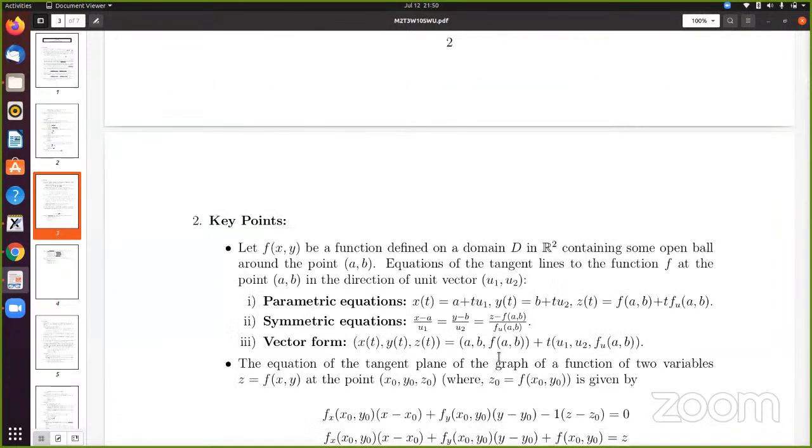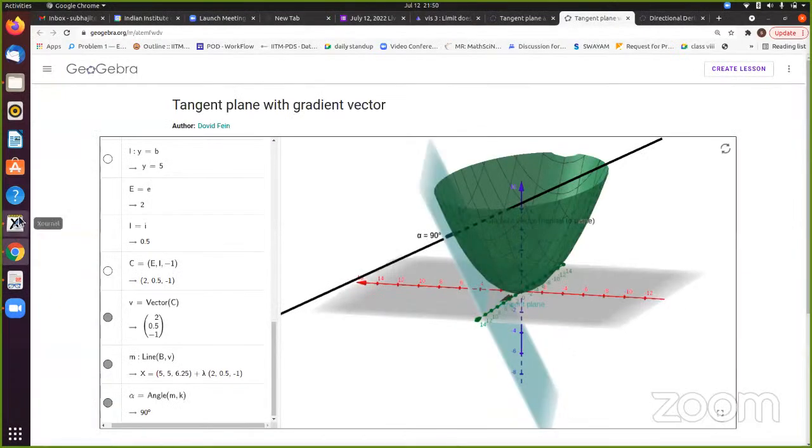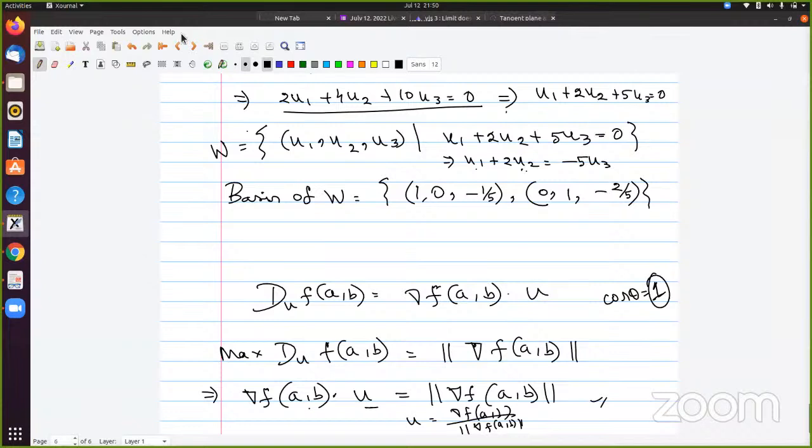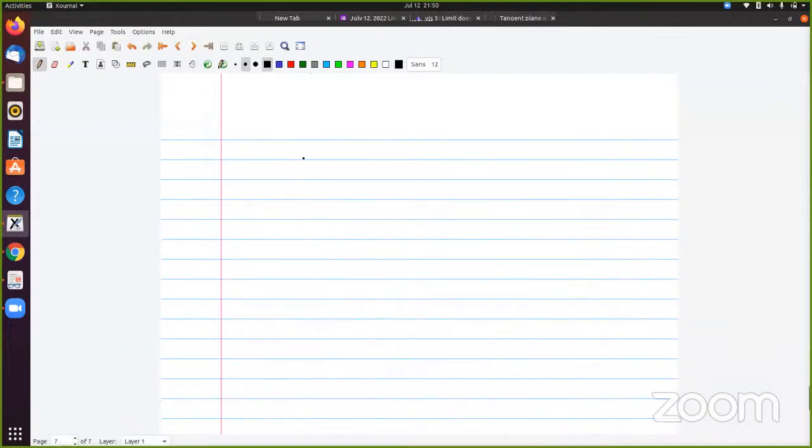Okay. Fine. Now then we go to tangent line and tangent plane. So, if we consider this surface of a multivariate function, suppose at this point we want to find the tangent line.